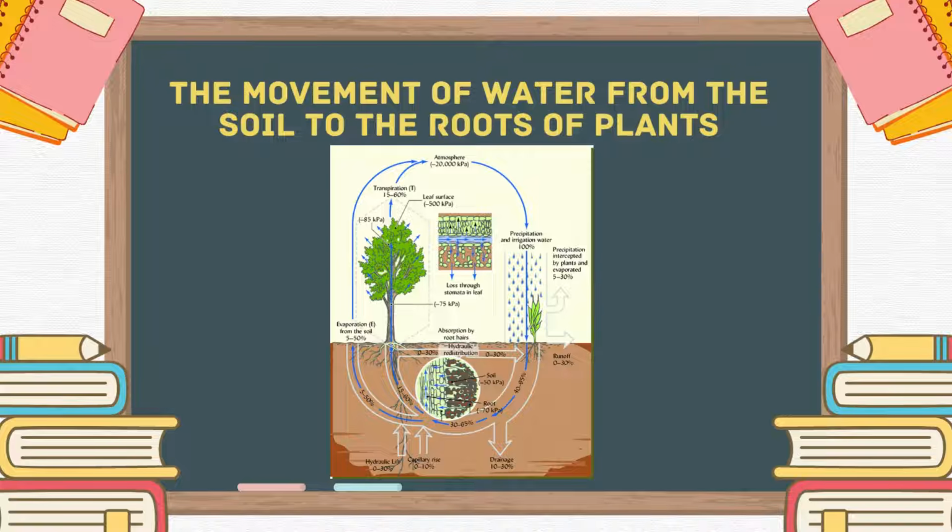So now the root hairs of these roots absorb the water and the mineral salts that are in the soil. And this can be done either passively or actively. So the water can be actively absorbed or passively absorbed.